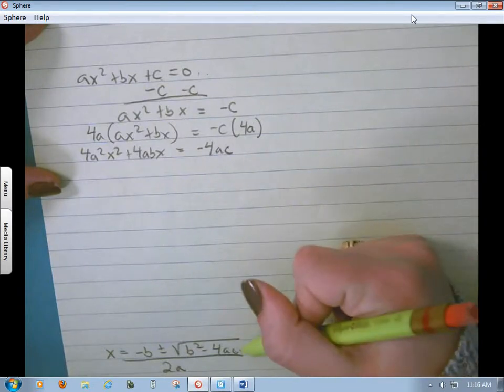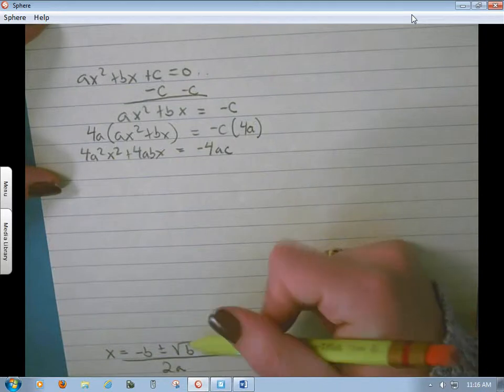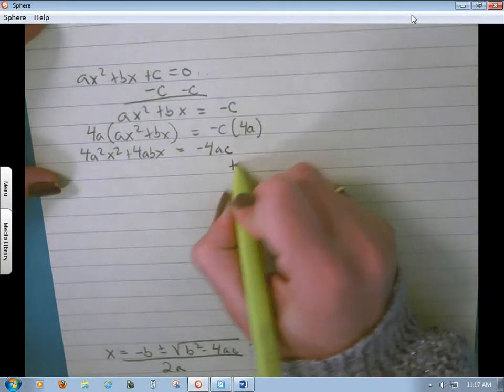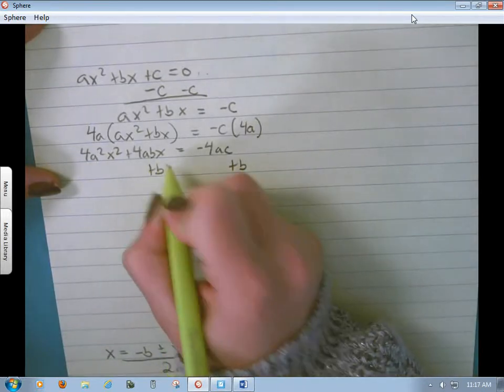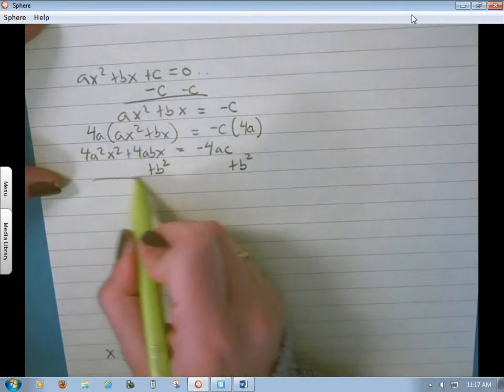So far, so good. So I've got my negative 4ac. Now I need a b squared. Well, again, as long as whatever I do to the right, I also do to the left, I can do it, so I'm keeping that equation balanced.